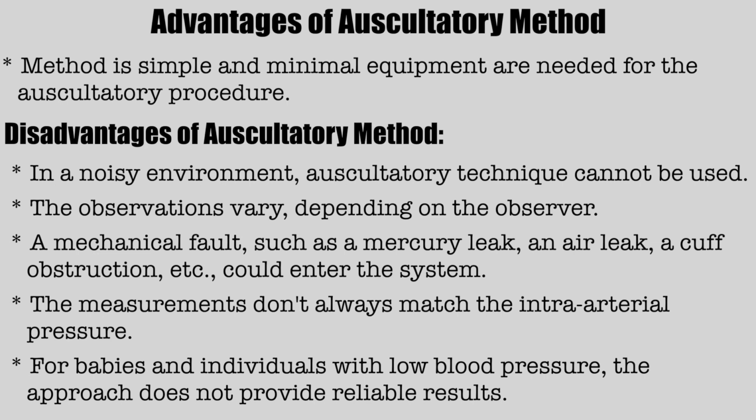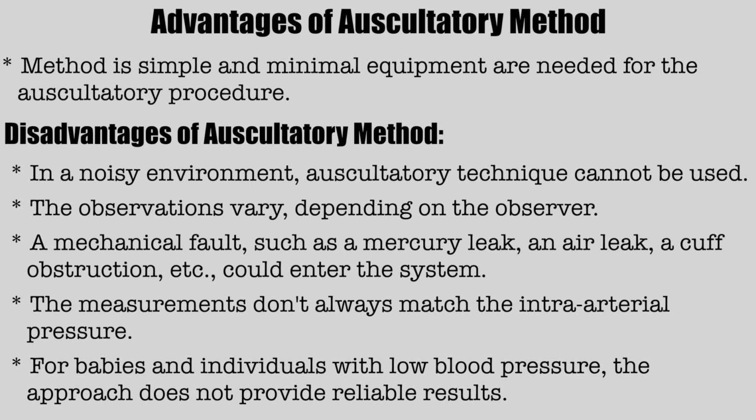The observations vary depending on the observer, so we can say subjectivity arises in the reading of the manometer because you have to note down the reading of the mercury column in the same instant when the Korotkoff sound appears and disappears.